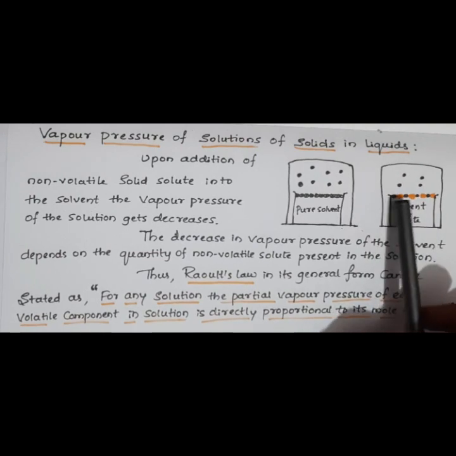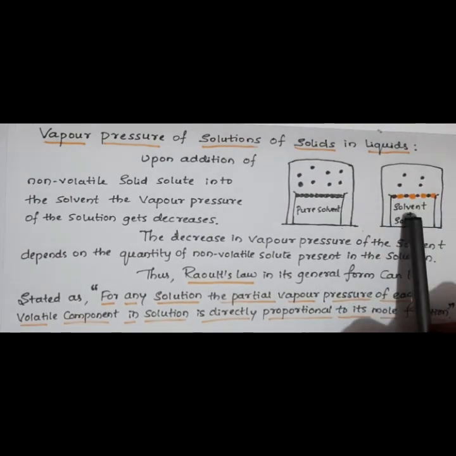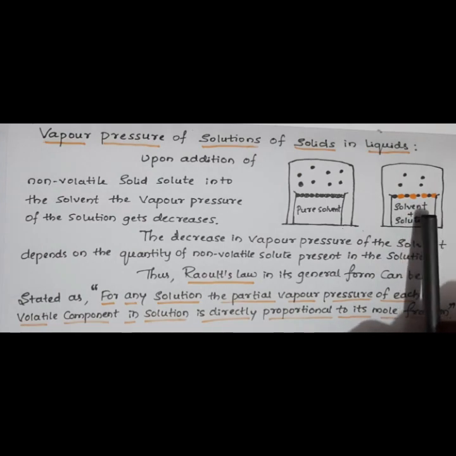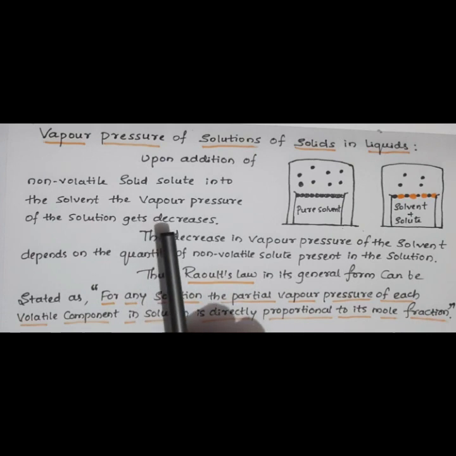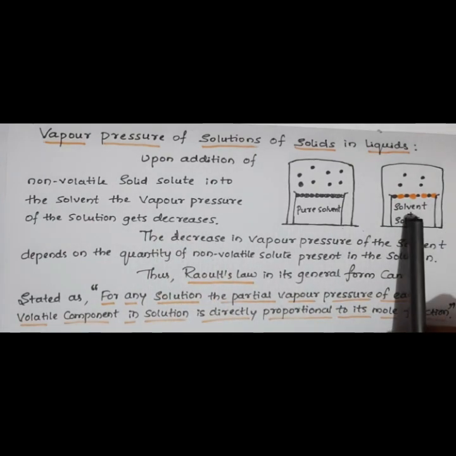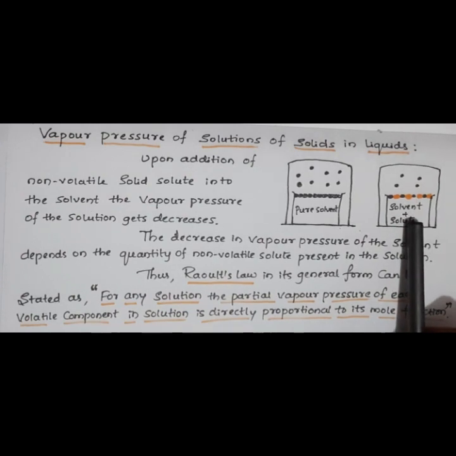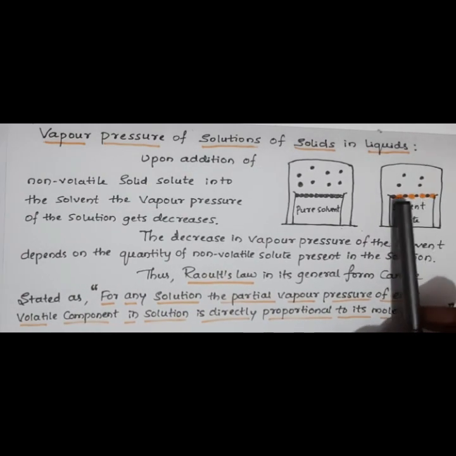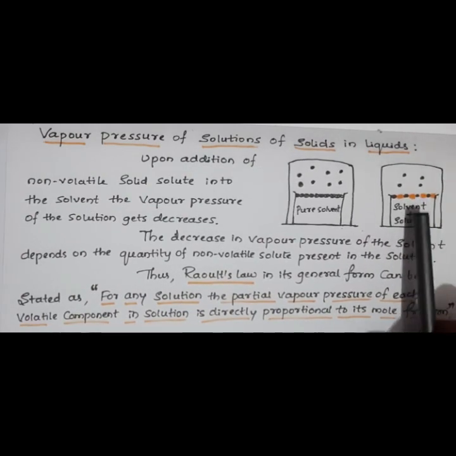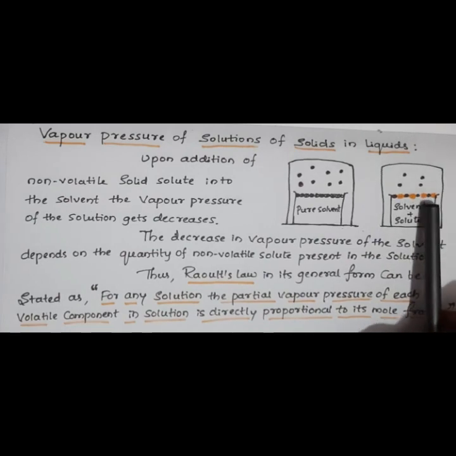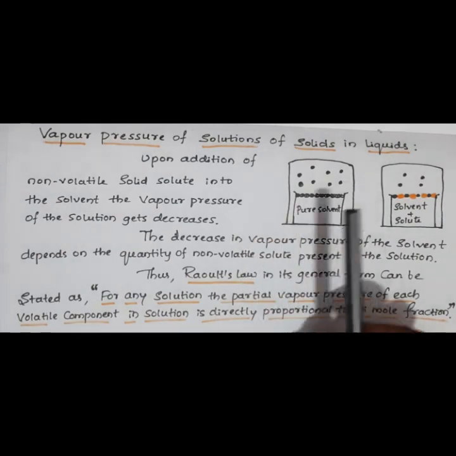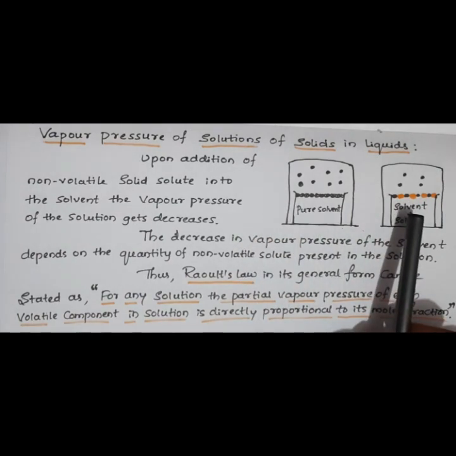From this you can say that upon addition of a non-volatile solute to the solvent, the vapor pressure of the solution decreases, or the vapor pressure of the solvent decreases, because of the occupation of the surface of the solvent by solute particles.